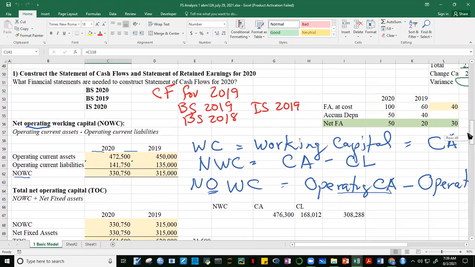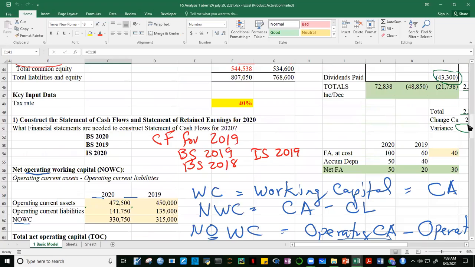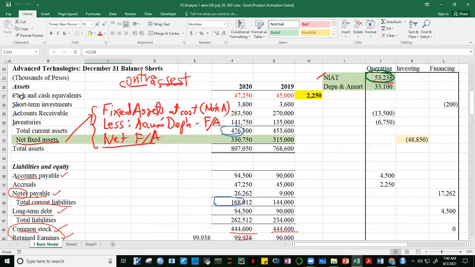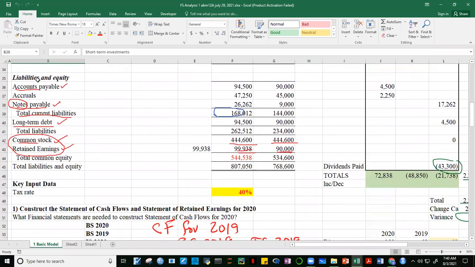Assets that form part of operating current assets exclude those that are interest bearing. For example, if we take a look at our balance sheet, cash and cash equivalents, that's part of operating current assets, accounts receivable, and inventories, but not short-term investments. For operating current liabilities, in the same manner, notes payable is excluded because this is interest bearing. So what's only included is accounts payable and accruals.